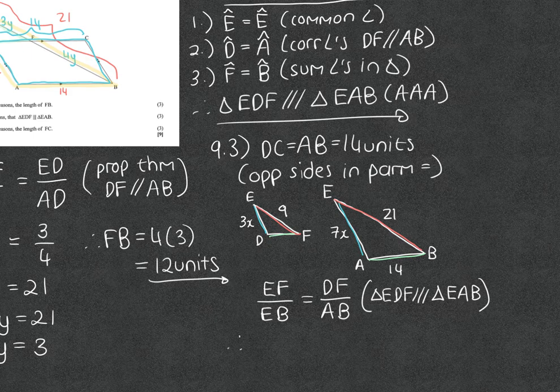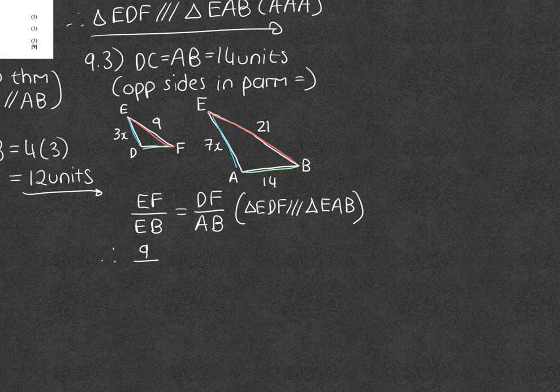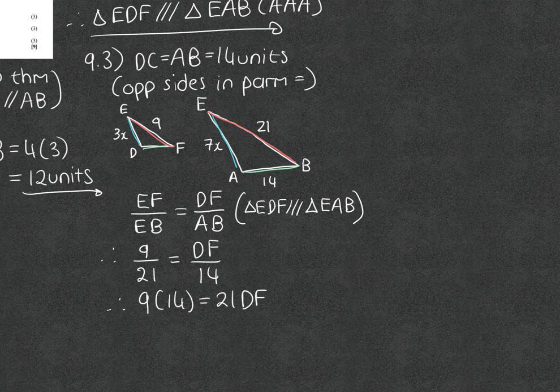Therefore, EF is 9 over EB, which is 21, equals DF, which is what I'm trying to solve for, over 14. So therefore, 9 times 14 equals 21 DF.